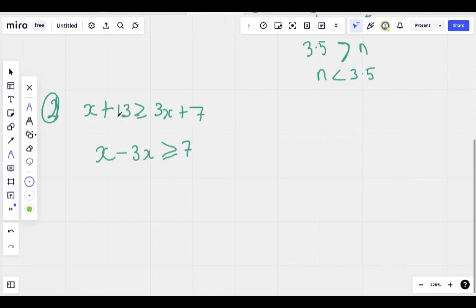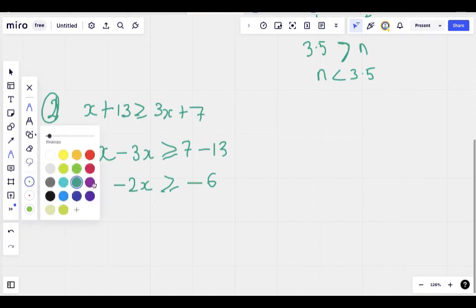So this 7 is here, then 13 comes to this side and becomes minus 13. So x minus 3x gives negative 2x, greater than or equal to 7 minus 13, which is negative 6.